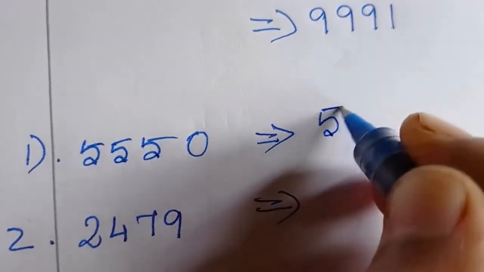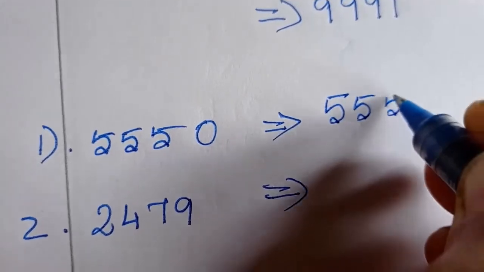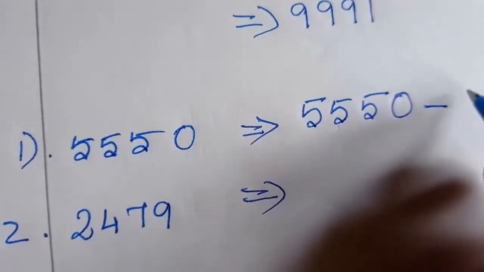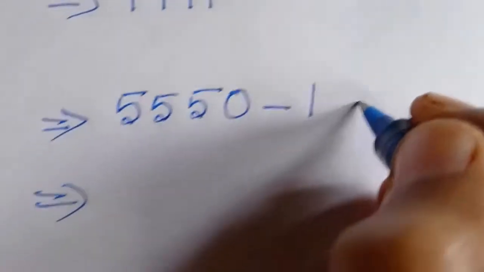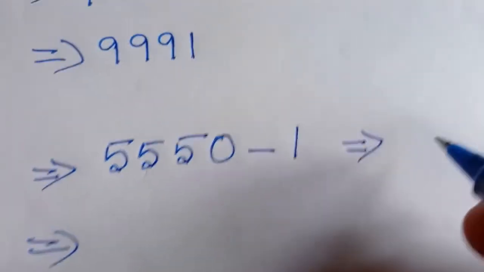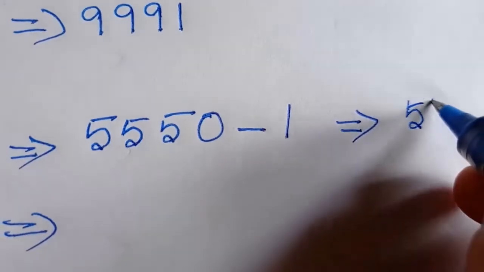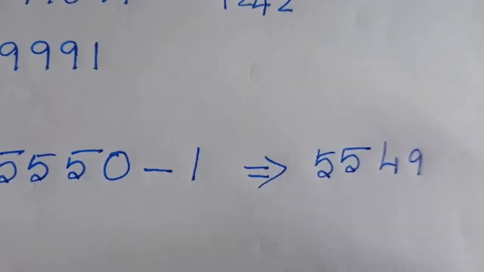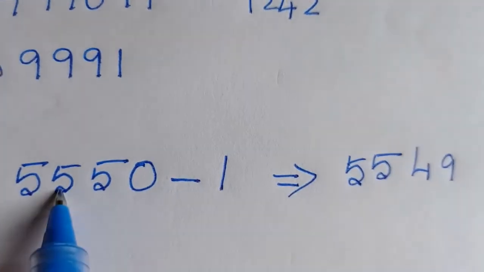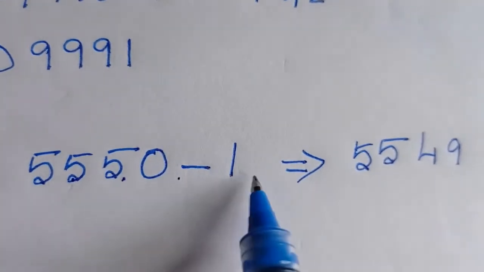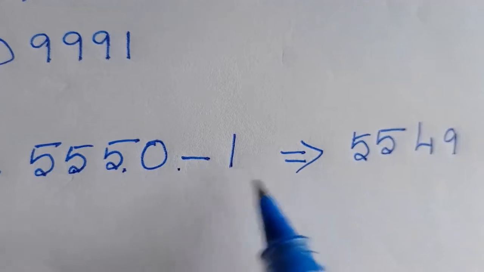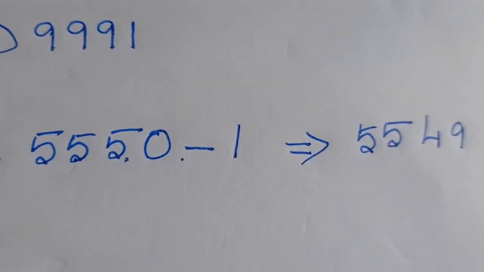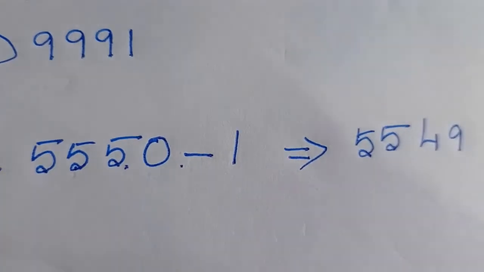Subtract 1 from the given number. 5550 minus 1, so you get 5549. This is the before number of 5550.